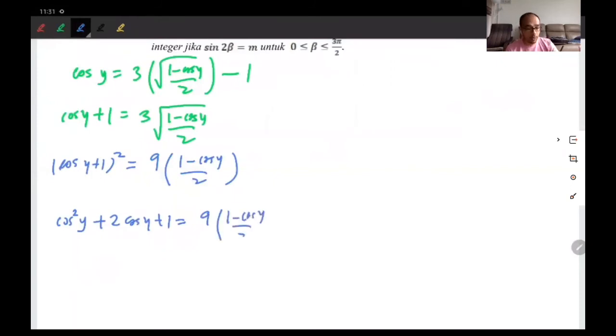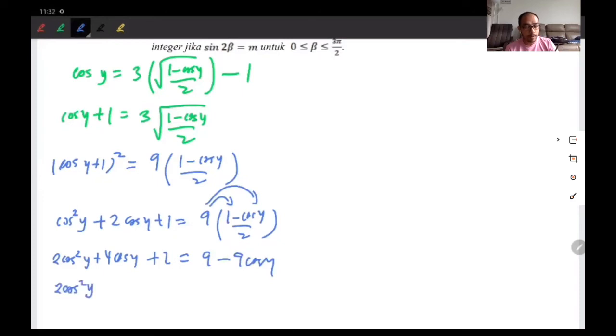Multiply everything by 2: 2 cos squared y plus 4 cos y plus 2 equals 9 minus 9 cos y. I need to stop rushing, although I know I'm going to run out of time. So I get 2 cos squared y plus 13 cos y minus 7 equals 0.